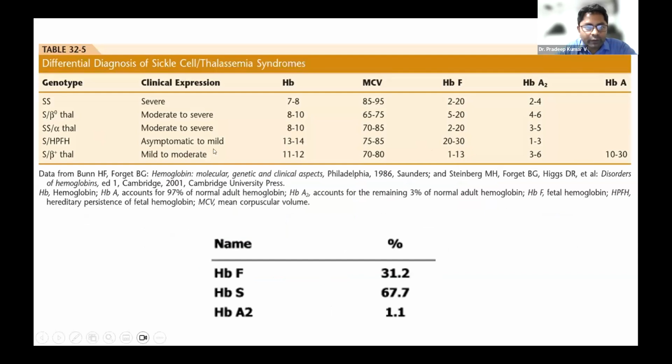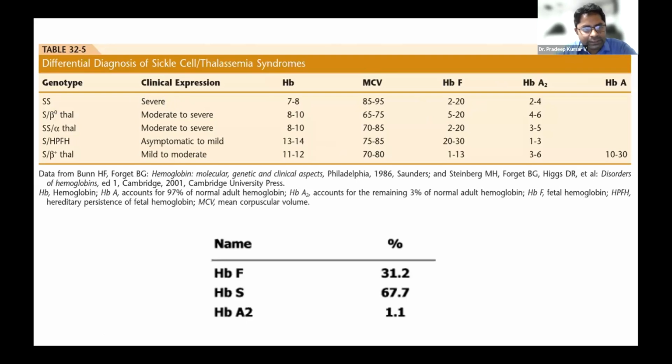But that's when we have to have a clinical picture about whether the patient has severe symptoms or mild. In this particular case, the clinical expression was severe, hemoglobin was low, and this was homozygous sickle cell disease.